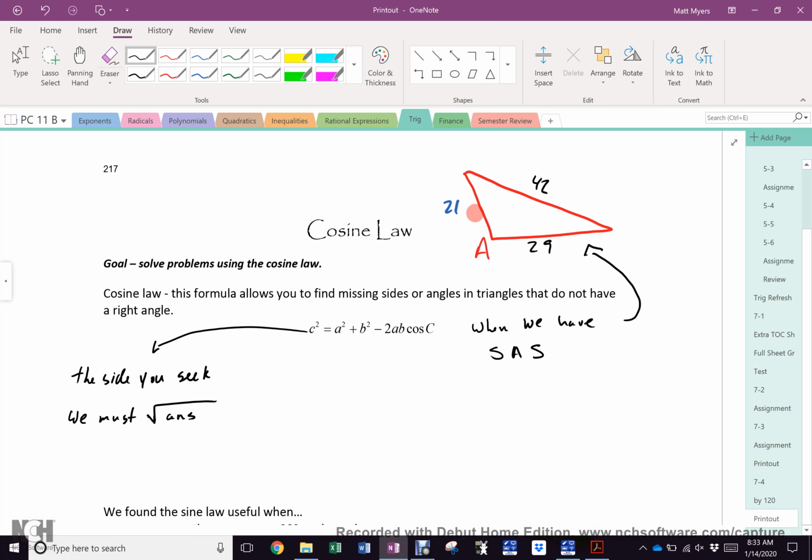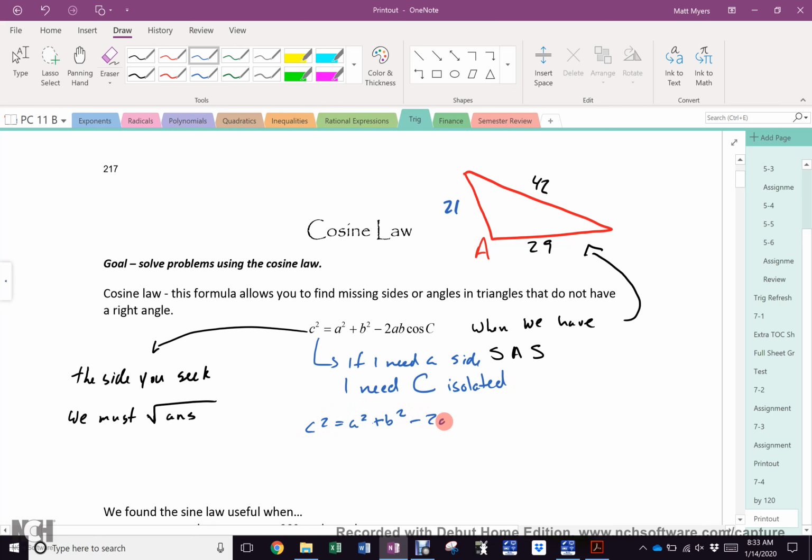So what I have to do is, if I need a side, I need big C isolated. And how do we isolate it? Algebra. So I've got C squared equals A squared plus B squared minus 2AB cos C. I need to get that C isolated.